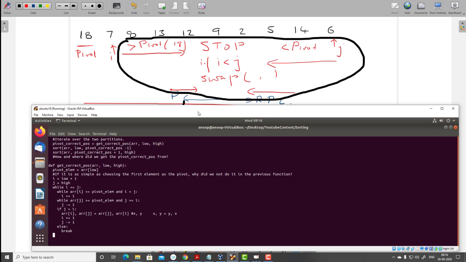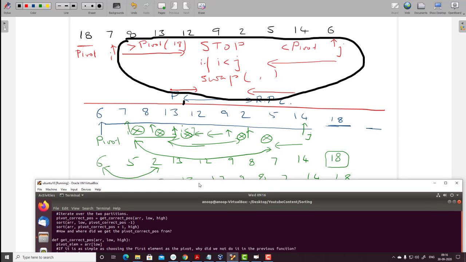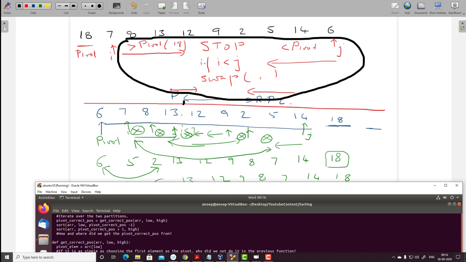So here we say array of low, which is basically the pivot element, right? And which is the right position? J is the right position, because J would have traveled to this position. If you remember here, J went till 13.